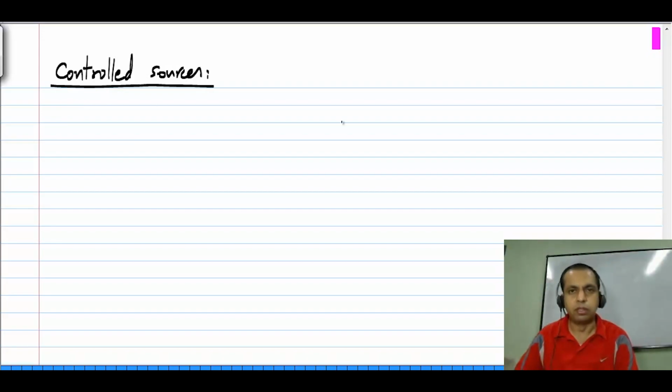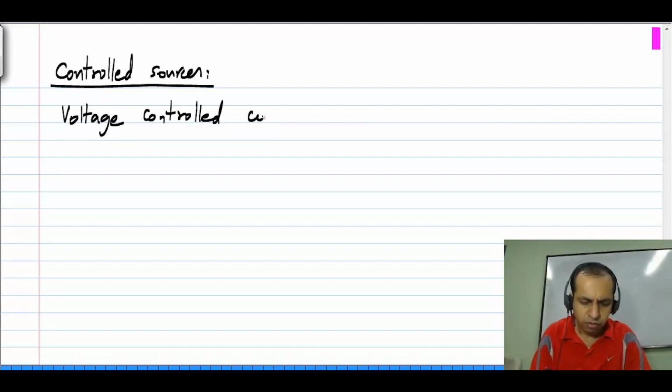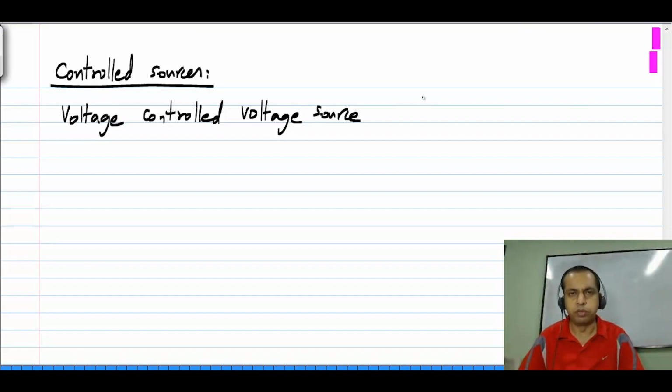Depending on which quantity is controlling and which quantity is controlled, we can have four different kinds of control sources. A voltage controlled voltage source, where a voltage between a certain pair of terminals controls voltage between another pair of terminals.